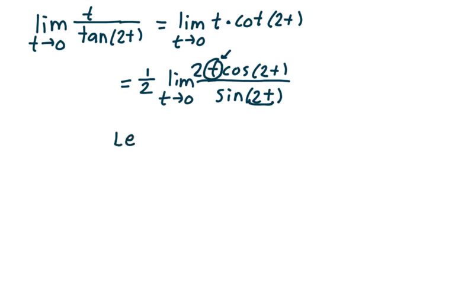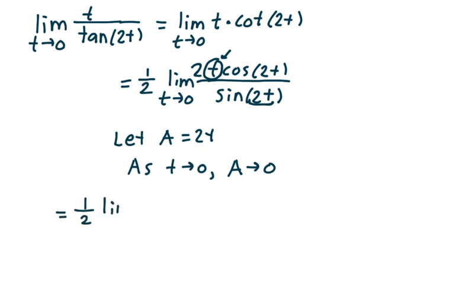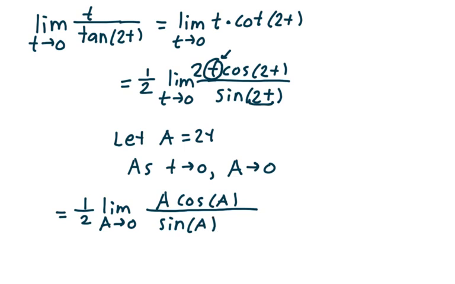Now, let a equal 2t. As t goes to 0, can we agree that a will also approach 0? And the way I'm going to write this is 1/2 the limit as a goes to 0 of a cosine of a on top, and sine of a on the bottom.